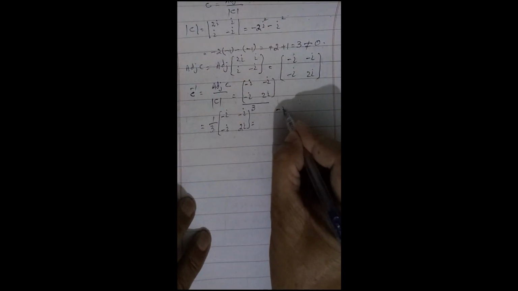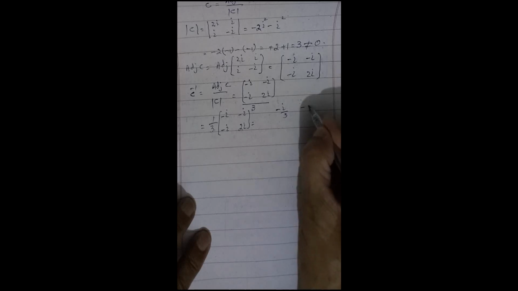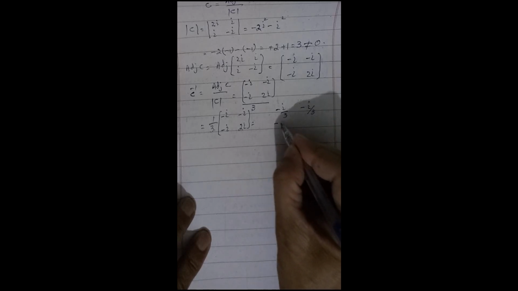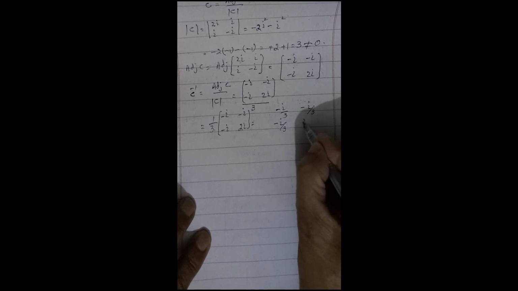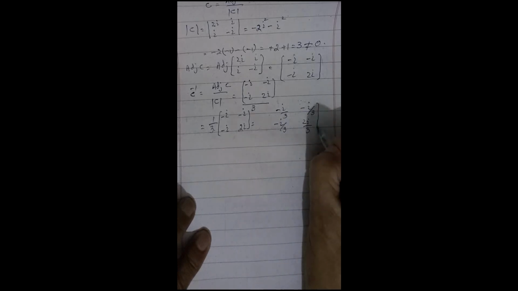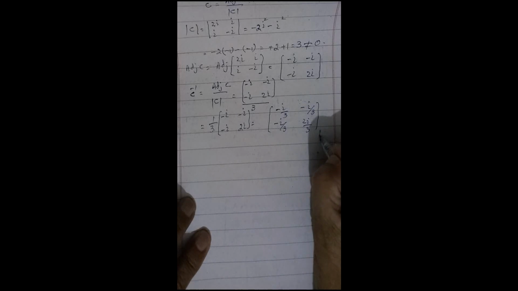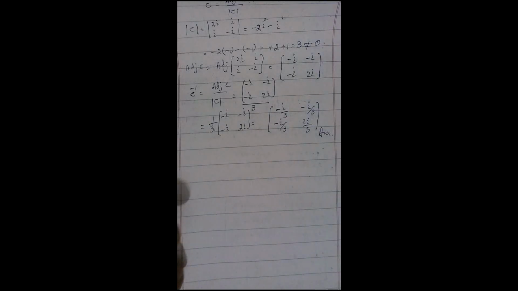We write it as 1 over 3 times minus iota, minus iota, minus iota, 2 iota. And we write it also as minus iota over 3, minus iota over 3, minus iota over 3, 2 iota over 3. And this is the C inverse.